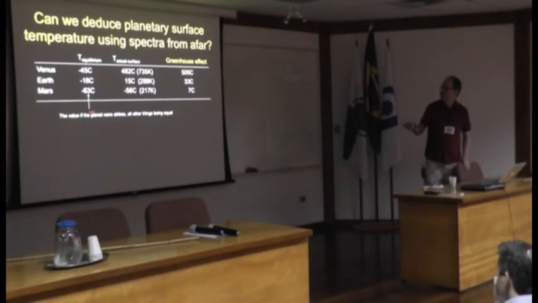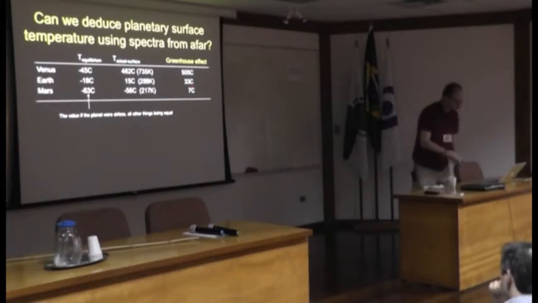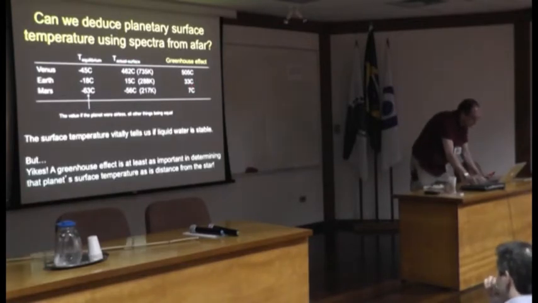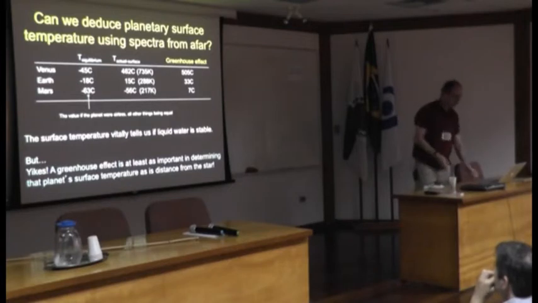These are the equilibrium temperatures for airless bodies, everything else being equal, the albedo, and assuming it's isothermal. And this is the actual surface temperature, and then this is the greenhouse effect. So the greenhouse effect is at least as important in determining a planet's surface temperature as the distance from the star.